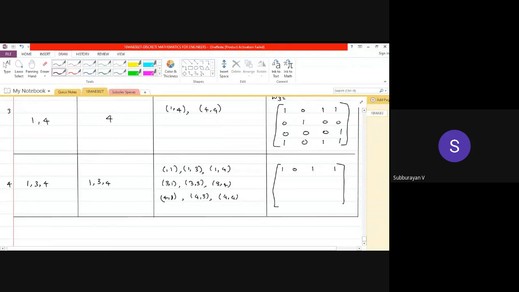And in the second row, no element starts with 2, so we can write the second row as it is: 0, 1, 0, 0. Then the third row. In the third row we have 3, 1, right? In the previous matrix 3, 1 is 0, so we make it 1. This is 1 and 0, because there is no 3, 2, so put 0 here.